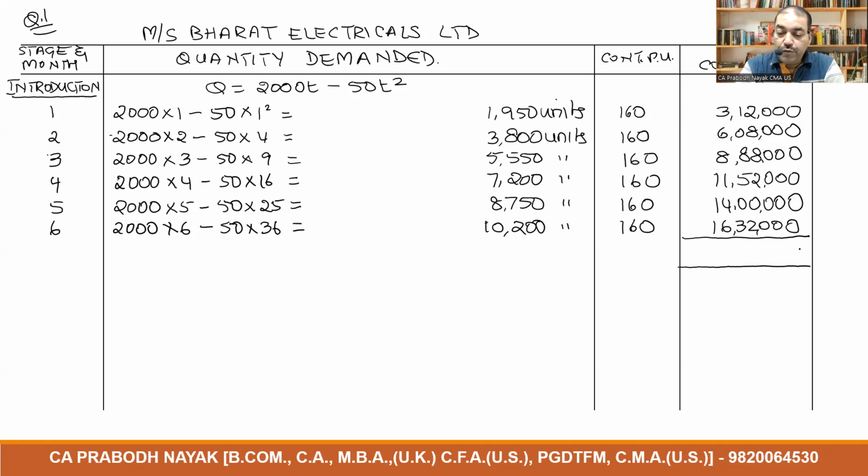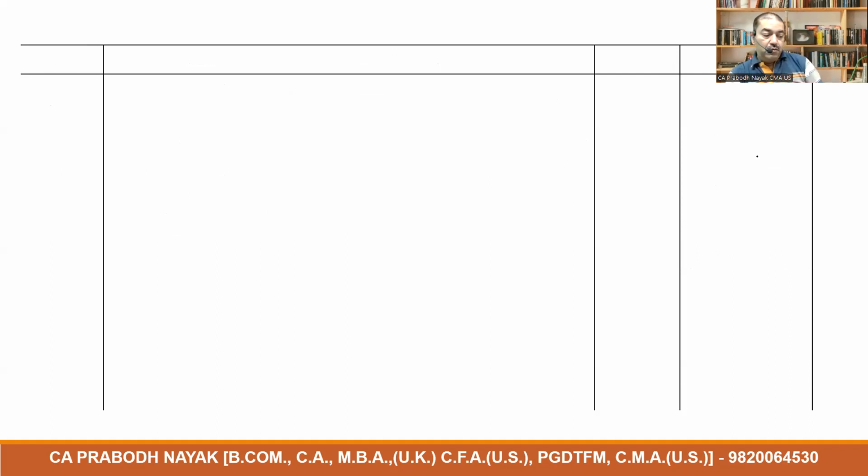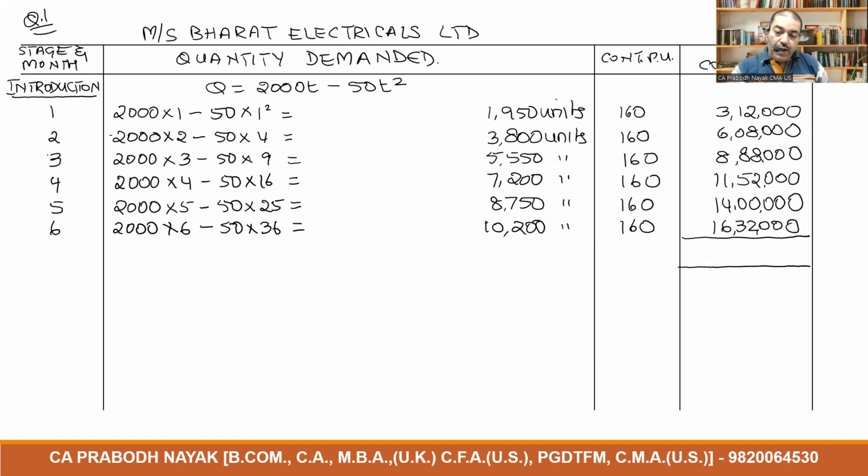Find out what is the total contribution. 20, 30, 41, 49, 55, 58, 59. 59,92,000. Just check. So introduction stage comes to an end.